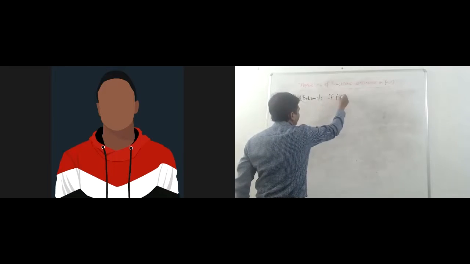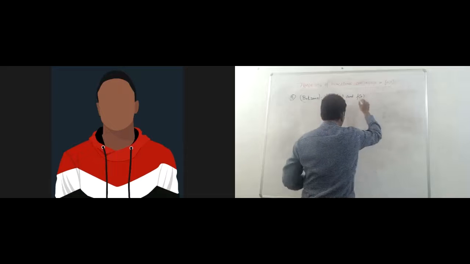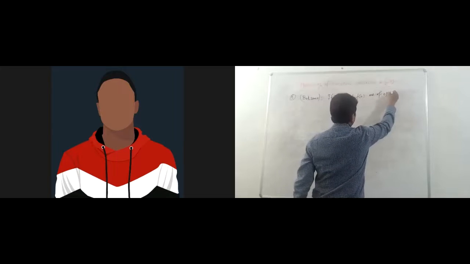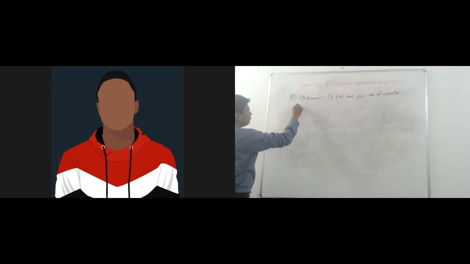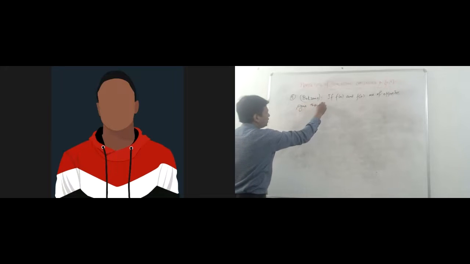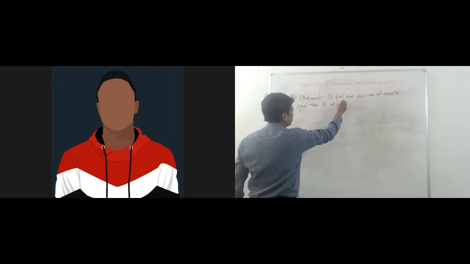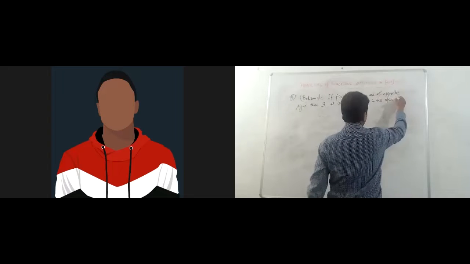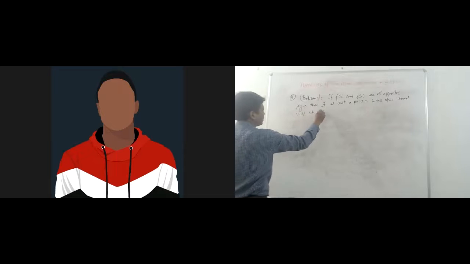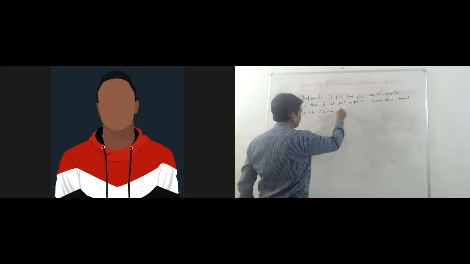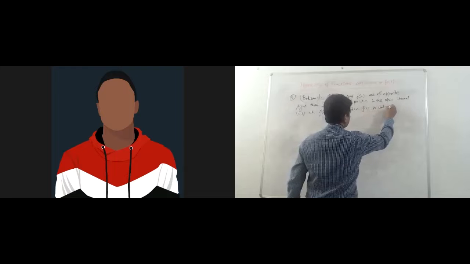If f(a) and f(b) are of opposite sign, then there exists at least a point c in the open interval (a, b) such that f(c) equals 0, provided f(x) is continuous in the closed interval.